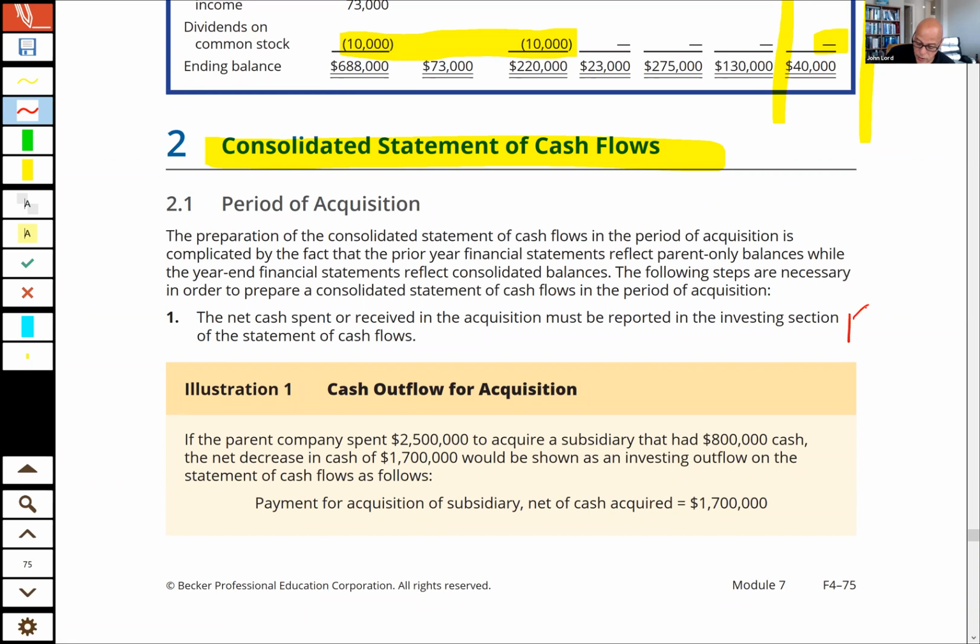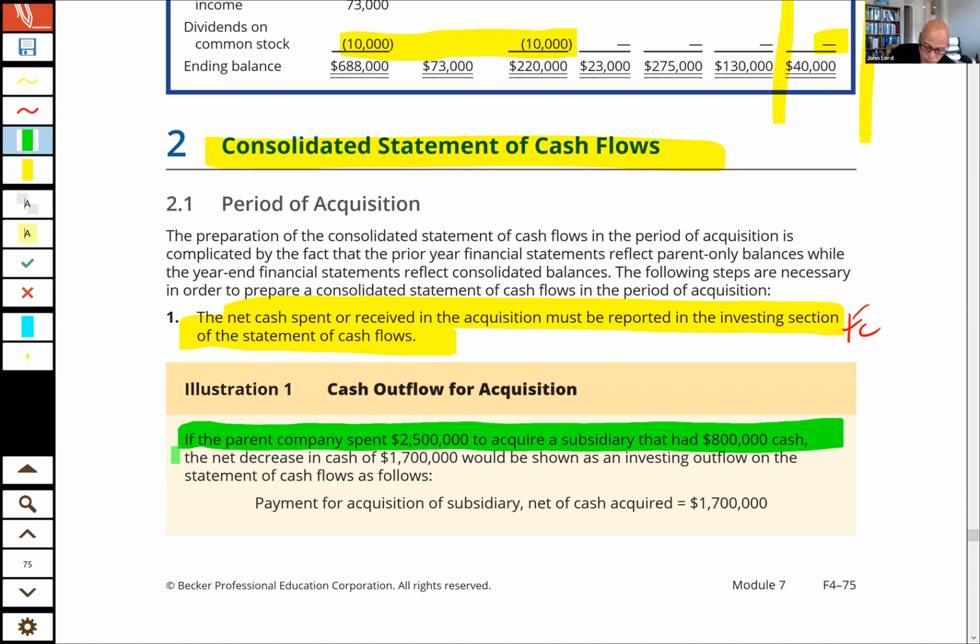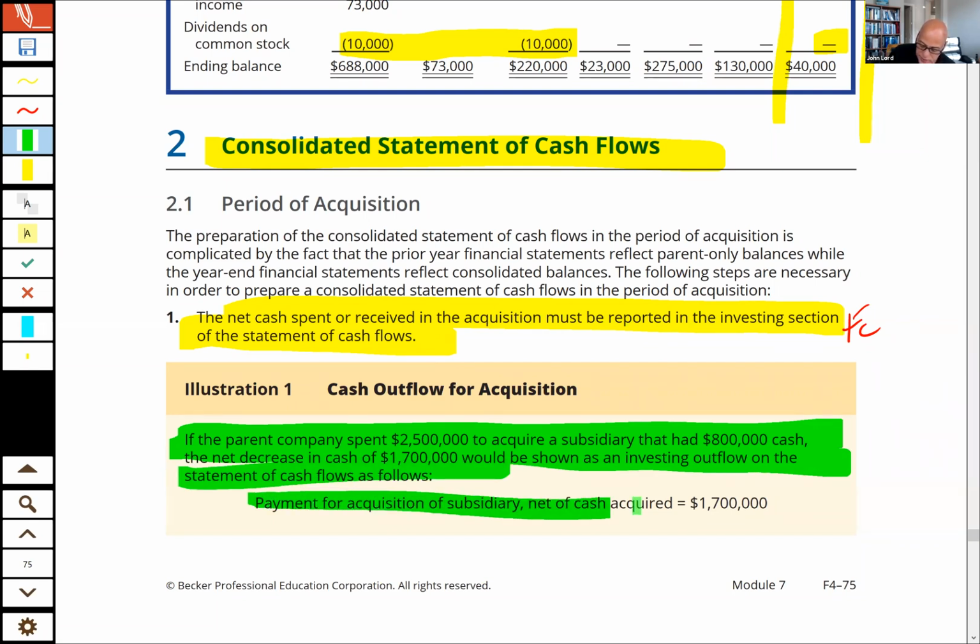Notice here, we say the net cash spent or received in the acquisition is reported in the investing section of the consolidated statement of cash flows. Flashcard that, but let's look at this example. If the parent company spent $2,500,000 to acquire a subsidiary that had $800,000 cash, we would show a decrease in cash of 1.7, and we show that in the investing section of the statement of cash flows.